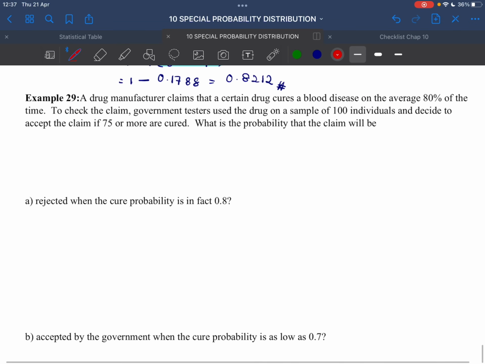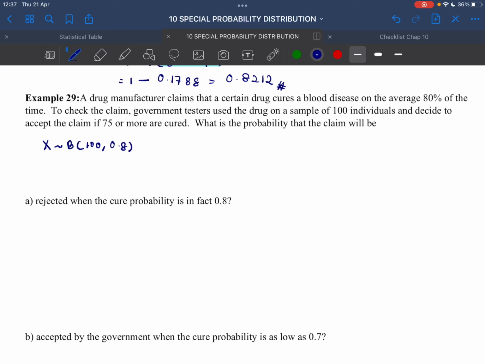A drug manufacturer claims that a certain drug cures a blood disease on the average 80% of the time. Okay, to check the claim, government testers use the drug on a sample of 100 individuals and decide to accept the claim if 75 or more are cured. So here we have X binomial. We have N is equals to 100 with probability 80%, which is 0.8.